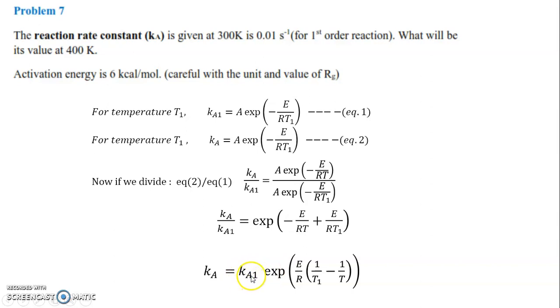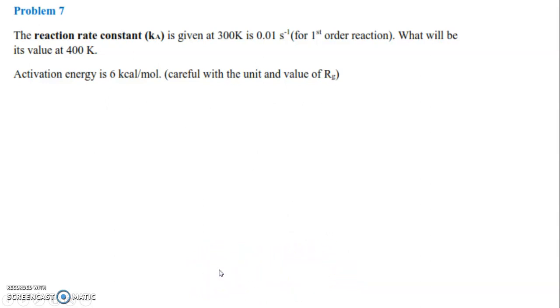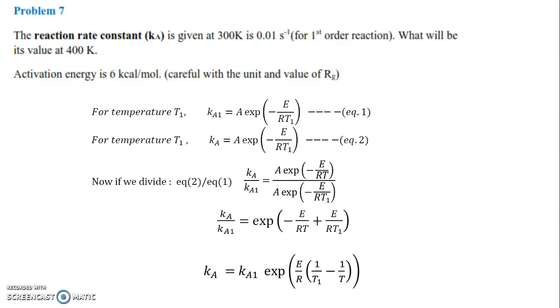Ka1, T1 and T are known, and we can find the value of k. We do not need to know the pre-exponential factor. Just the activation energy, the temperatures, and a known value of k at one temperature are required. So you can calculate the value of k at any temperature.